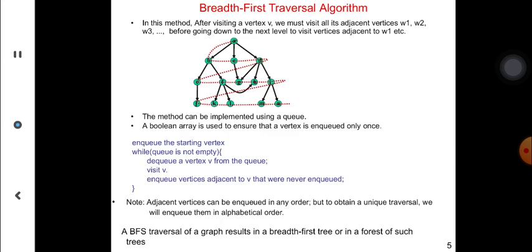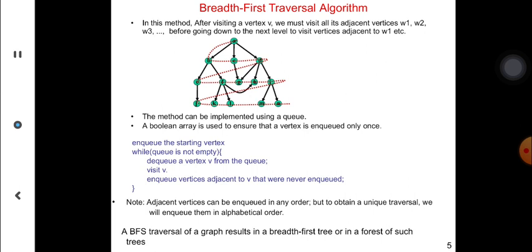In breadth first traversal, we start with the first vertex and try to cover all vertices across the breadth. So how do we do that? In this method, after visiting a vertex V, we must visit all its adjacent vertices.